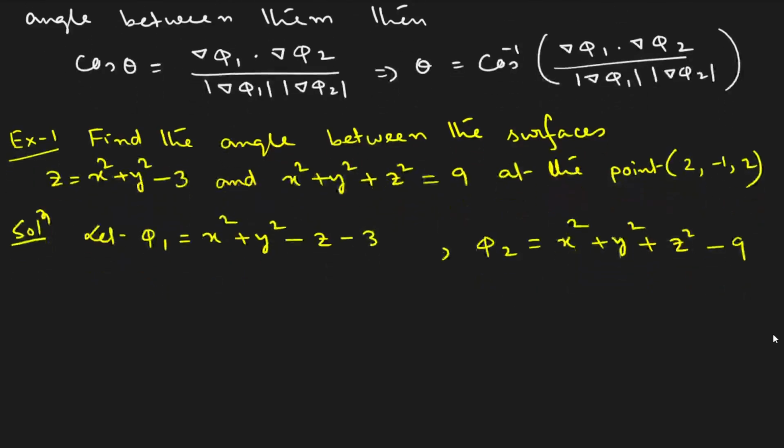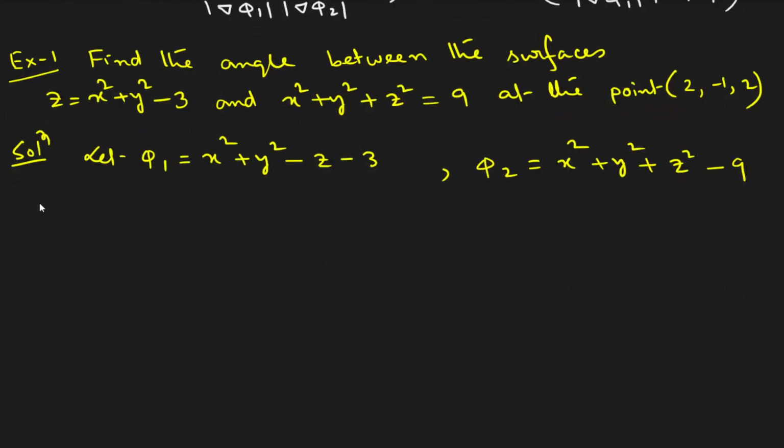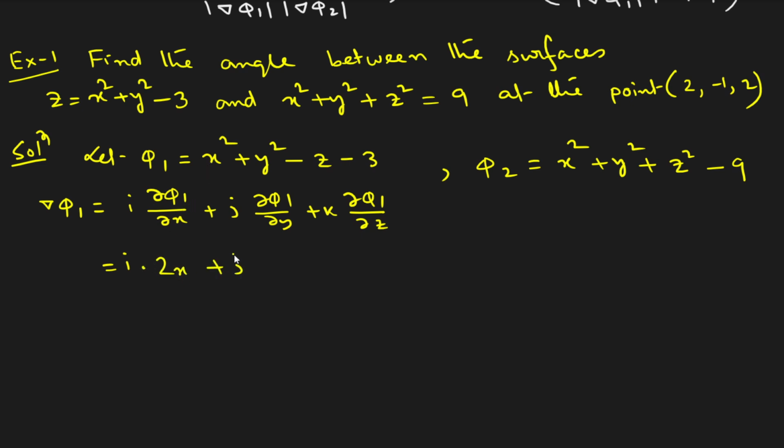In the same way, first we will find nabla phi 1, the gradient of phi 1. Gradient of phi 1 is what? i del phi 1 by del x, j del phi 1 by del y, k del phi 1 by del z. So it will be i into twice x, j into twice y, and k into how much? Minus 1. Then nabla phi 1 at which point?